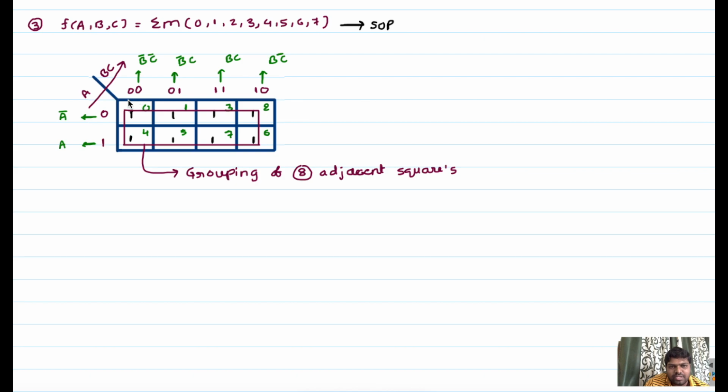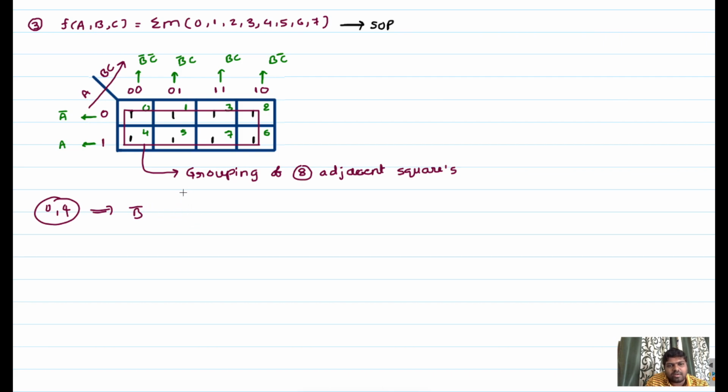Why? Because for these two square boxes, A bar A is the common factor. In our simplification, for example, if you are taking 0, 4, the elements which are common for this entire pair are B bar C bar, and otherwise you can write individually.